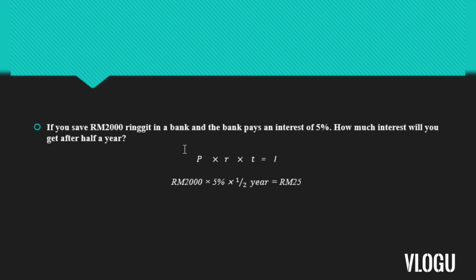So in this question, you need to find the interest after half a year. 2000 is the principal times 5% interest and times half a year. So you will get 25 ringgit for interest after half a year.